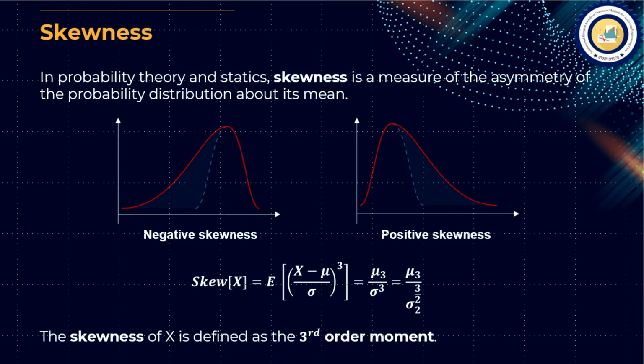For example, a zero value means that the tails on both sides of the mean balance out overall. This is the case for a symmetric distribution, but can also be true for an asymmetric distribution where one tail is long and thin, and the other is short but fat.